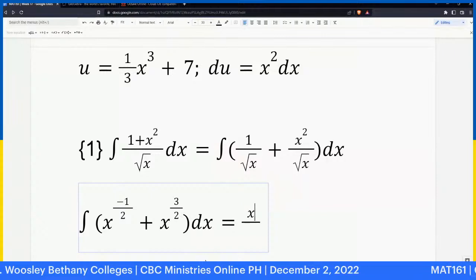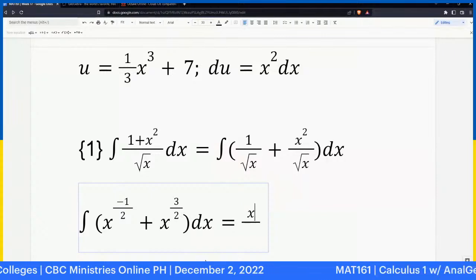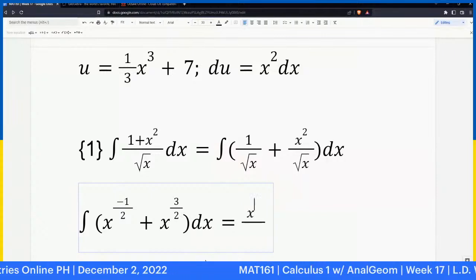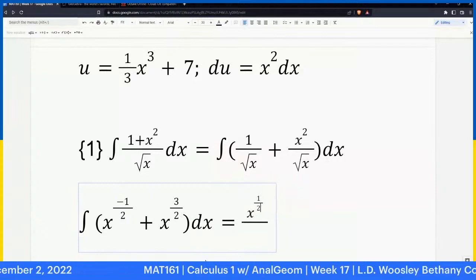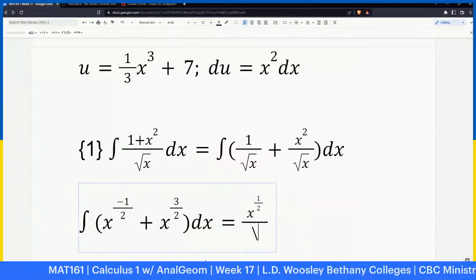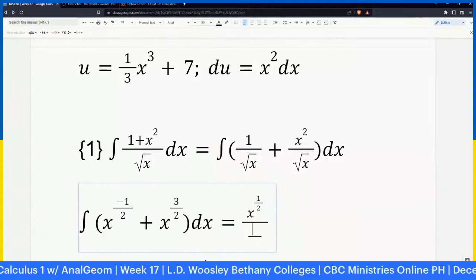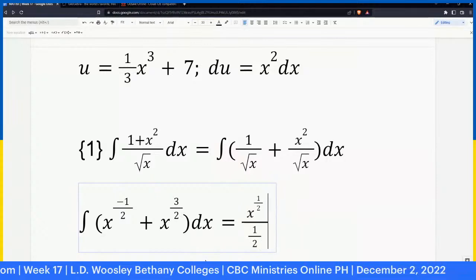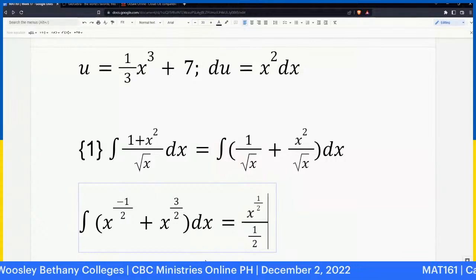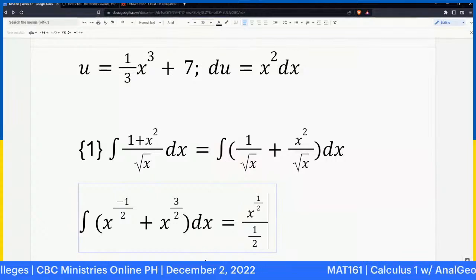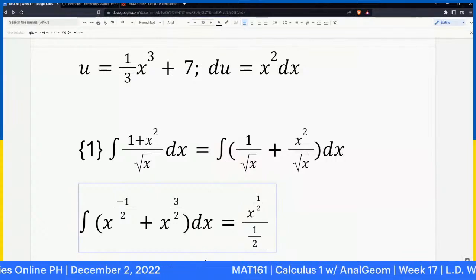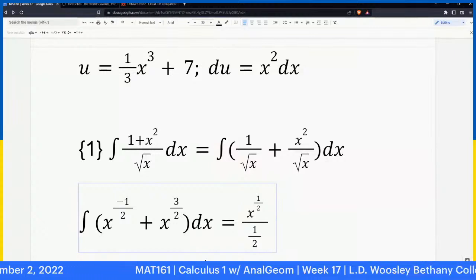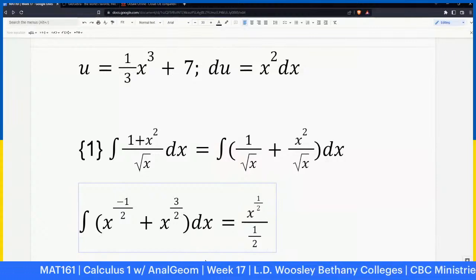Negative 1 half plus 1, right? Yes po. Okay. All over 1 half. Okay. Paano itong 3 halves plus 1? 3 halves plus 1.